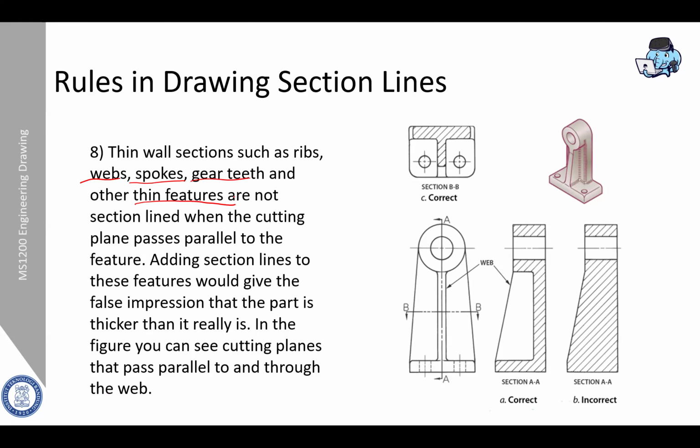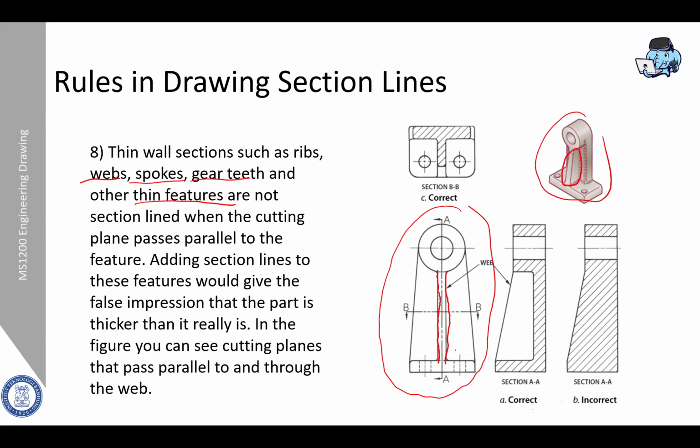In the figure, you can see cutting planes that pass parallel to and through the web, like this one. Ya, ini kita ada web. Web itu yang mana? Web itu yang ini, bagian yang ini. Ini tampak depannya. Front view of the component. And this one is the web.